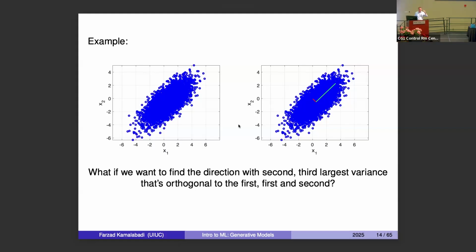The additional condition is that for each one of those subsequent directions, we want those directions to be orthogonal to each other. So we want the second vector direction, the coordinate transformation, the second direction to be orthogonal to the first, the third one to be orthogonal to both second and first, and so forth and so on. Any ideas about how we do that?